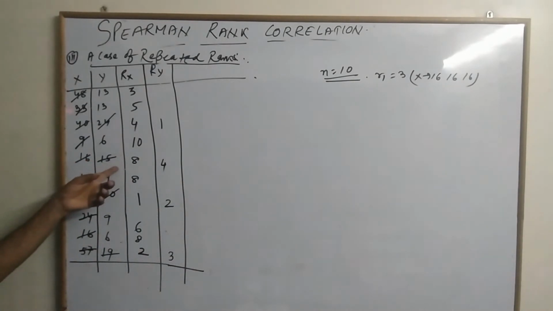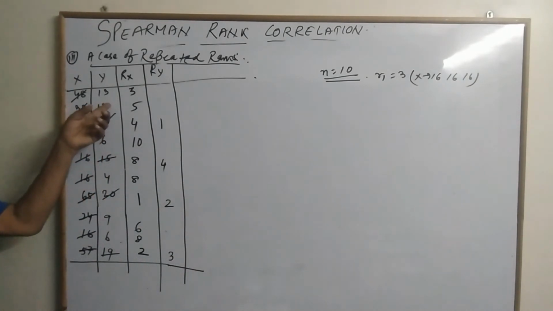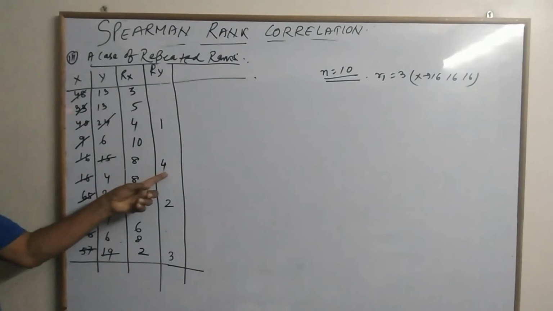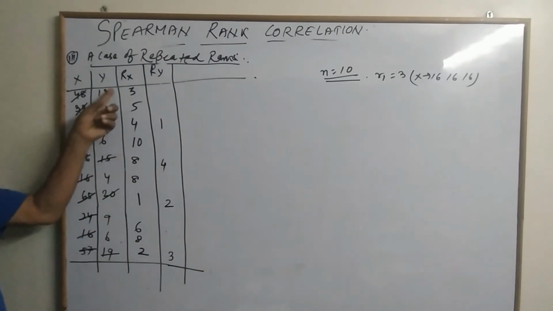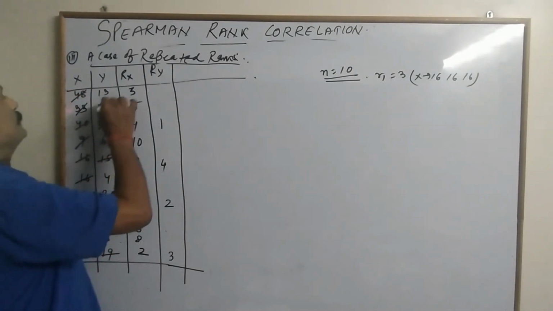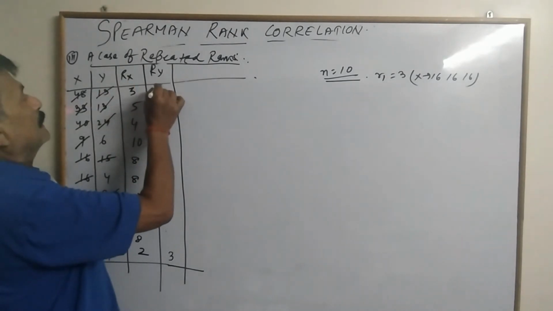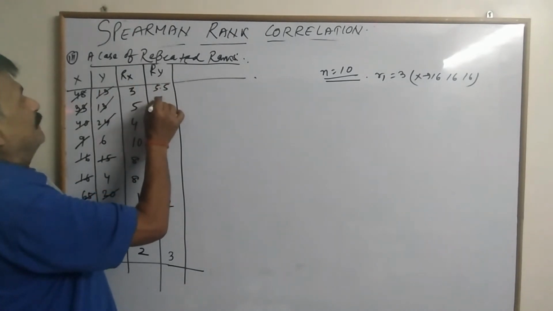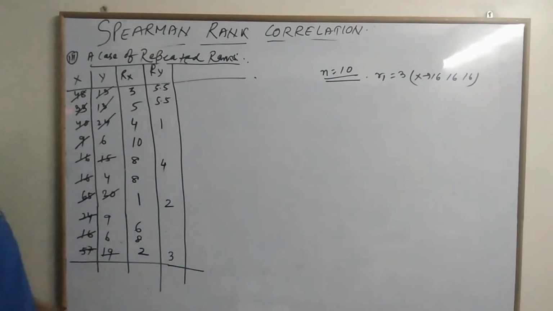Now after 15, 13 and 13, ranks up to 4 have been used, so 5 and 6. Both are identical numbers, add them up, 11, and this has to be divided by 2. So 5.5 and 5.5. The 5, 6 ranking is gone.